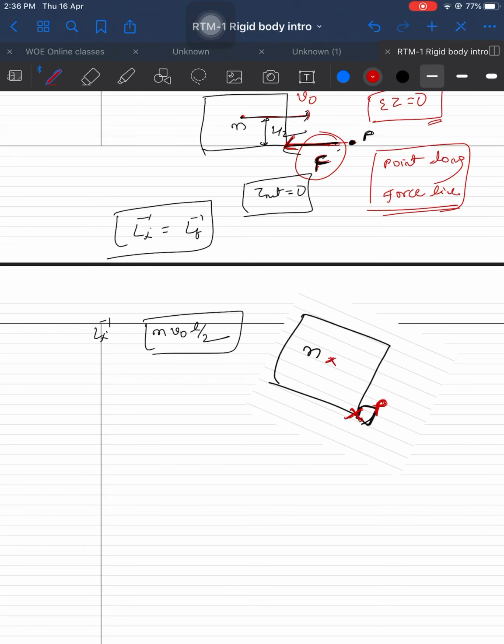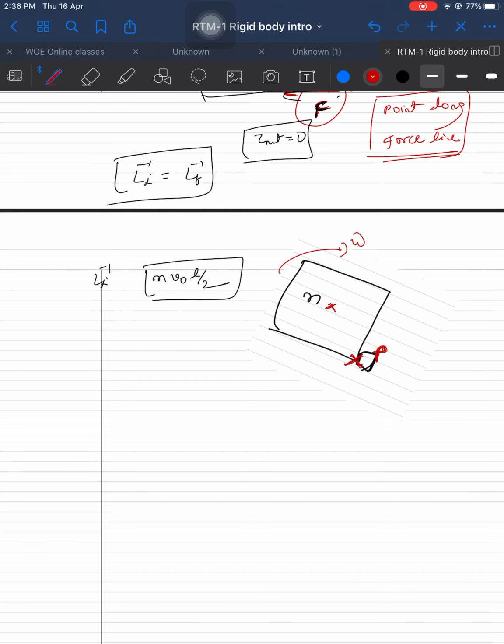L final is equal to I about which point? About P. As we discussed in the third video of angular momentum, if a body is rotating about a point, we should take I about that point P only. So I about P into omega.